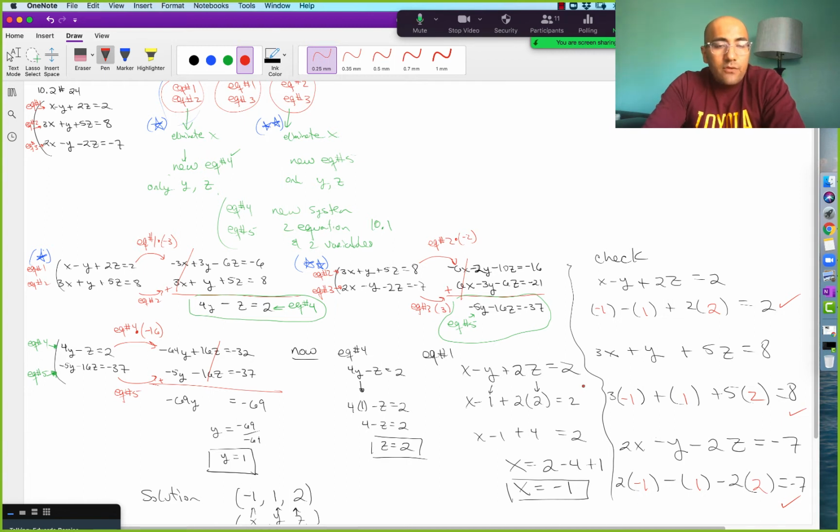Okay, just don't make those common mistakes. Pick one letter. Now you can pick any letter you want. I just happened to pick X because it was just the first letter. But if you want to pick Y, Y looks very convenient to cancel. So pick whichever letter looks most convenient to solve, right? The numerical coefficients in front are convenient, nice, easy things to work with, and you can change it to any one of those letters.